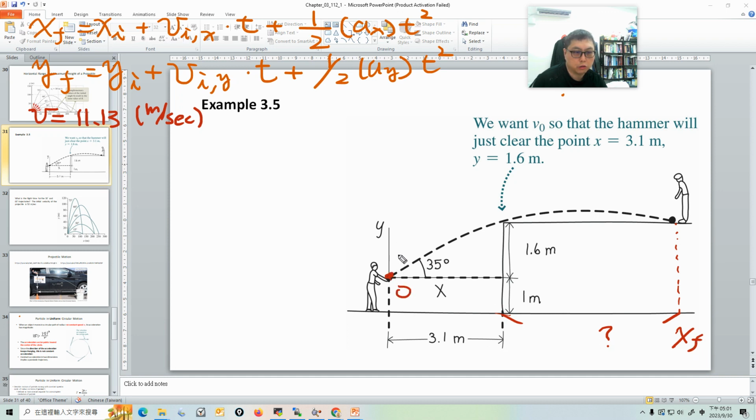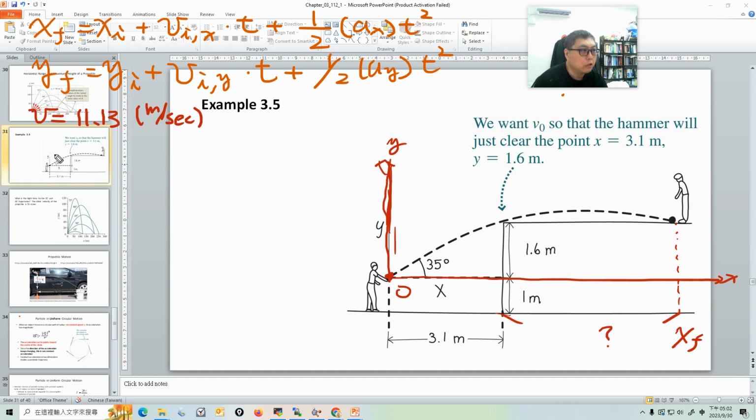This is the origin, this is x, and here is y. So what's xf? It relates to the final distance you reach.